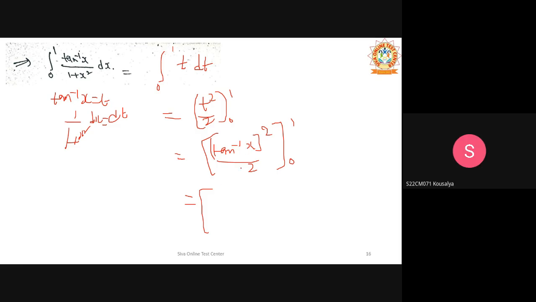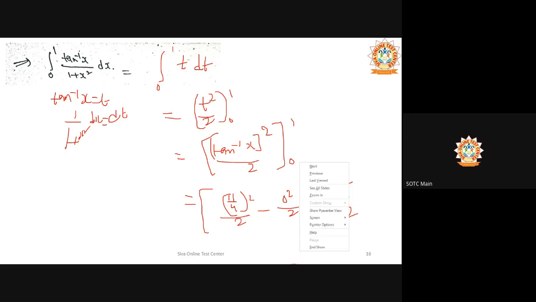Pi by 4. So pi by 4 whole square divided by 2 minus tan inverse of 0 is 0, right? 0 square by 2. Now tell me what will become? Pi by 4 whole square is pi by 16. By 2 is pi square by 32. So pi square by 32 is your correct answer.